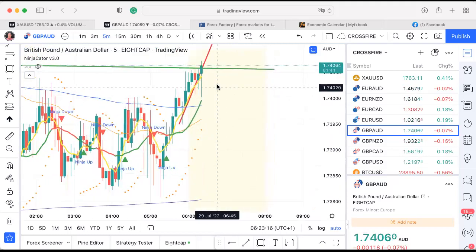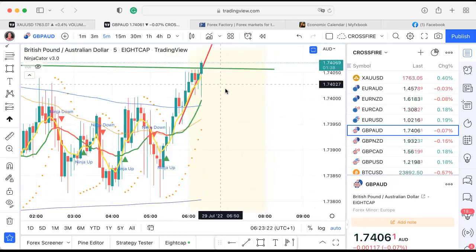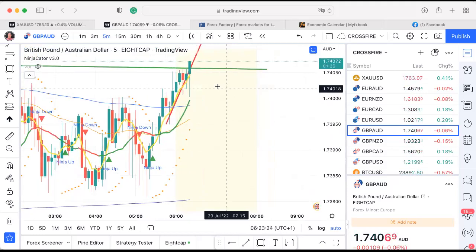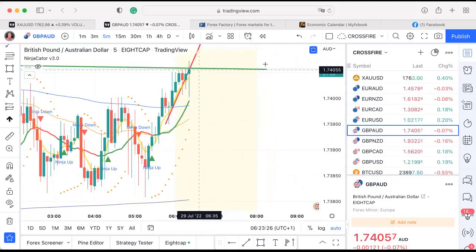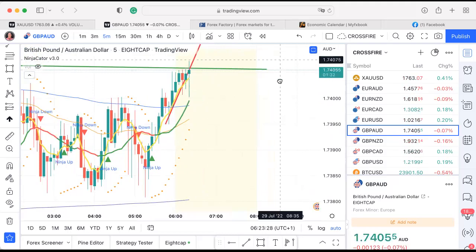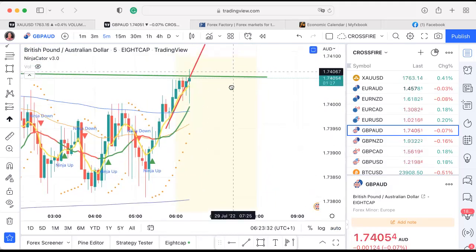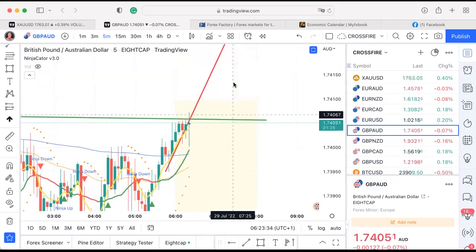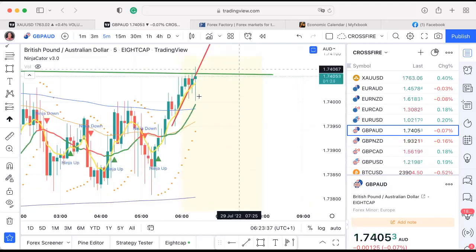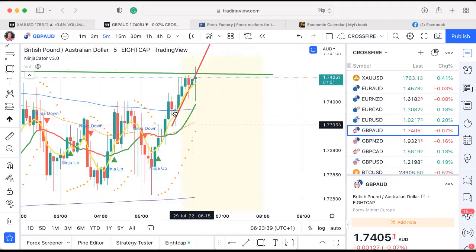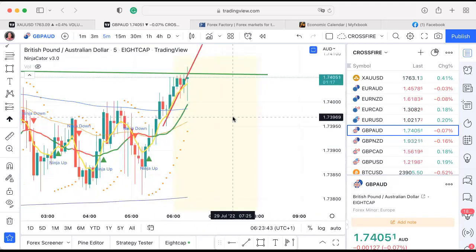Again, there's no rush because we need to get a ninjacator down before we get interested in taking a sell. If we were thinking about taking a buy, we've got no targets there because the 50, the 200 and the 800 moving average are all below the current price.